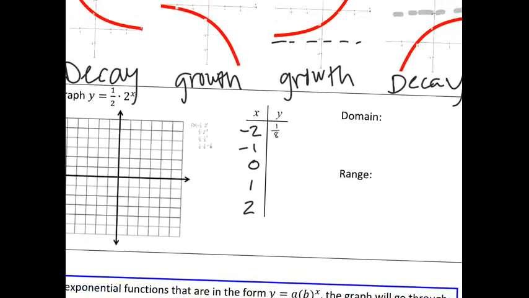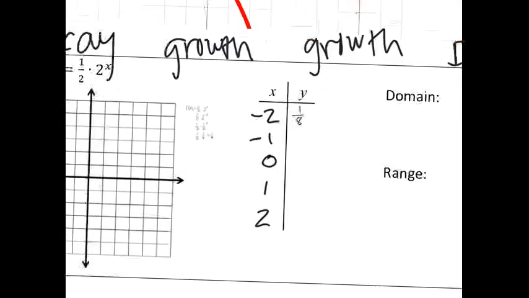Okay. Let's do -1 now. So 1/2 times 2 to the -1. So now it's just 1/2 times 1/2, which equals 1/4.